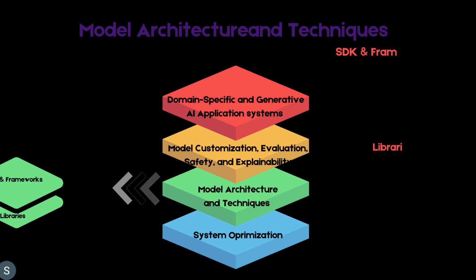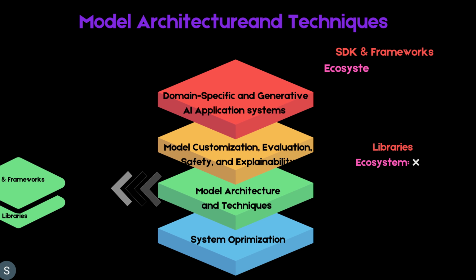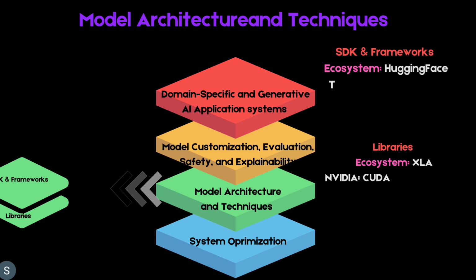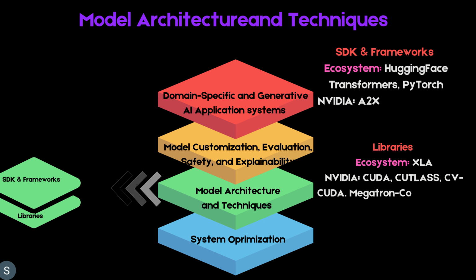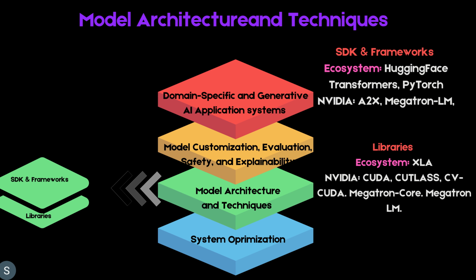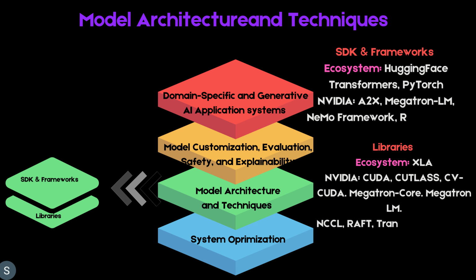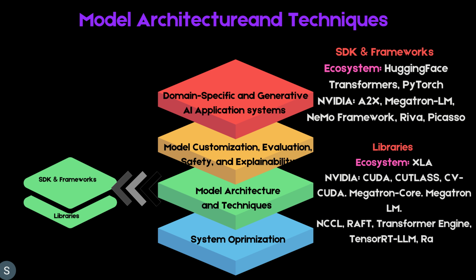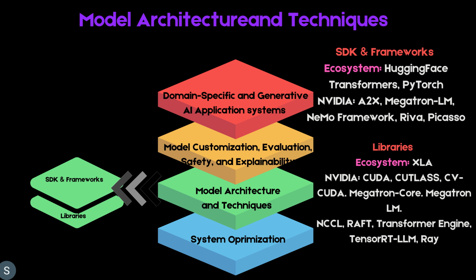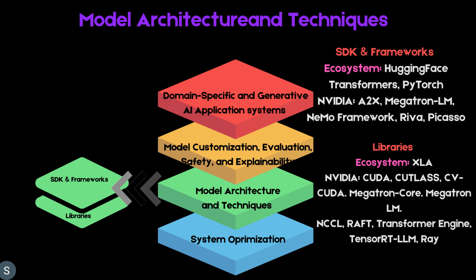Now the third layer, the model architecture and techniques. We include SDK and framework libraries, but there are also some foundation models that come into play. From the ecosystem standpoint, we have Hugging Face Transformers, PyTorch, NVIDIA A2X, Megatron-LM, NeMo framework, and Riva and Picasso.